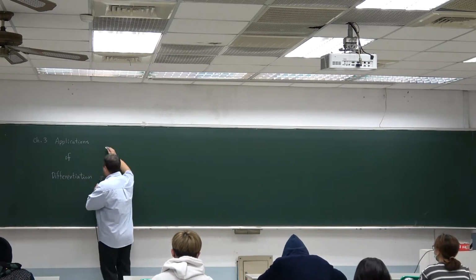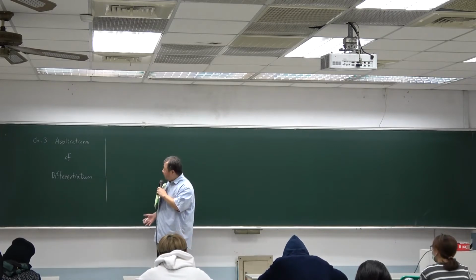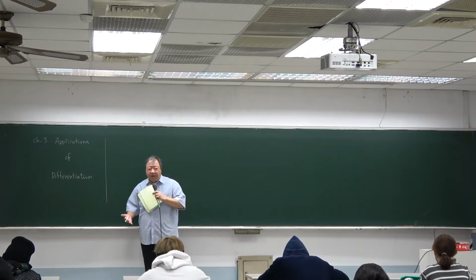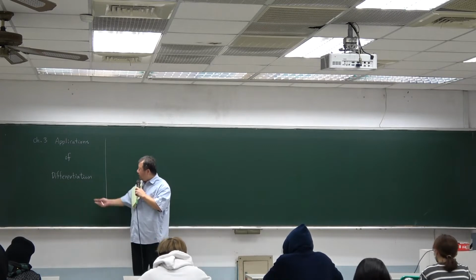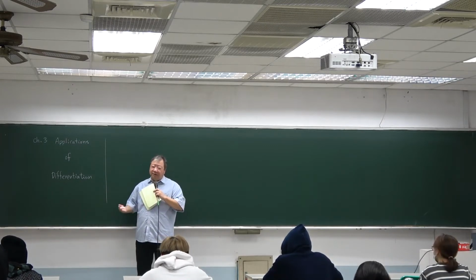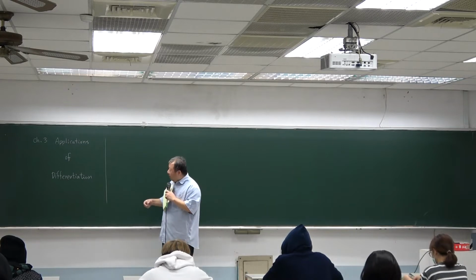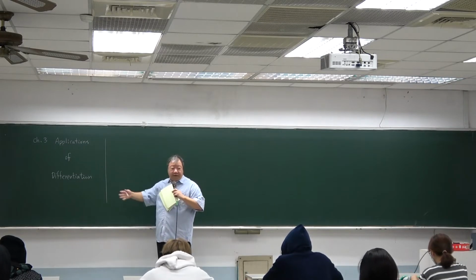Applications of differentiation, chapter 3. In this chapter, you will see how we use the theory of differentiation to find the maximum, minimum, or relative maximum, relative minimum of a function. Then we can give the whole behavior and the graph of the function.